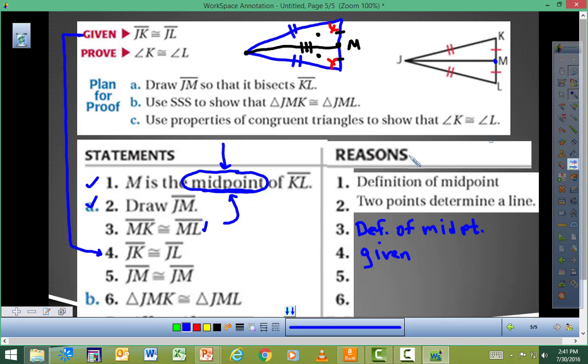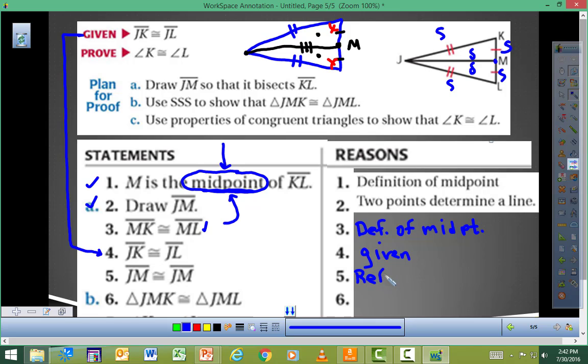But if you take a look, we have the setup for side, side, side here almost. And we're going to get this side, like I said, congruent to itself by the reflexive property. So JM is congruent to JM. Hopefully you recognize that. We've seen it over and over again.